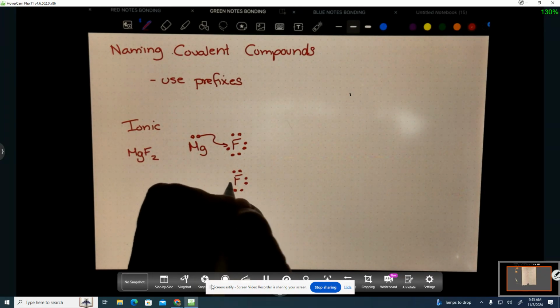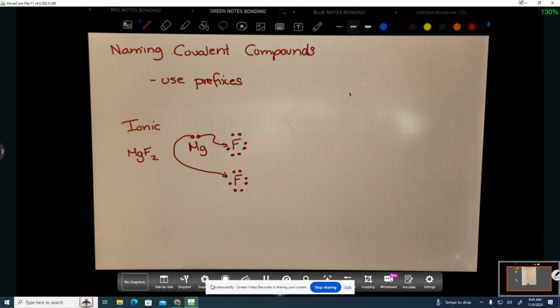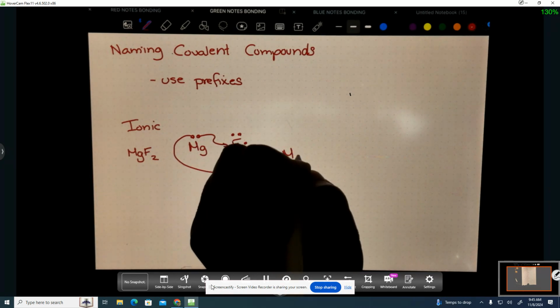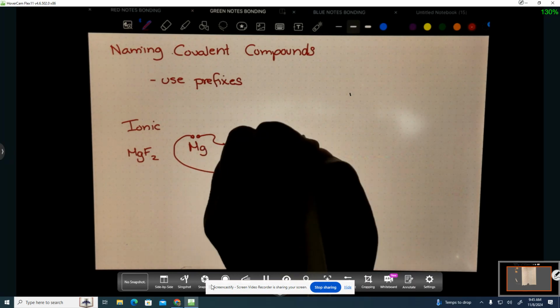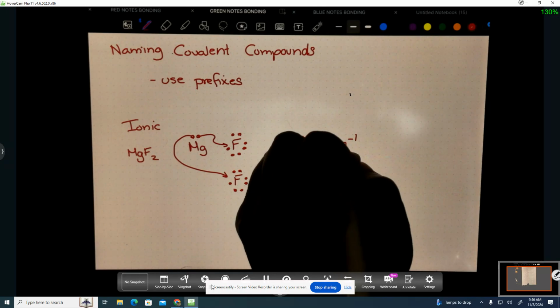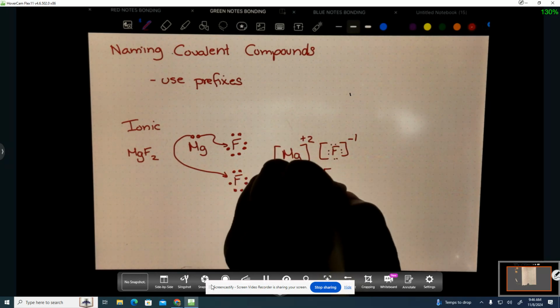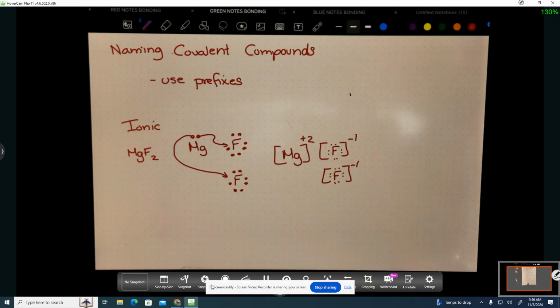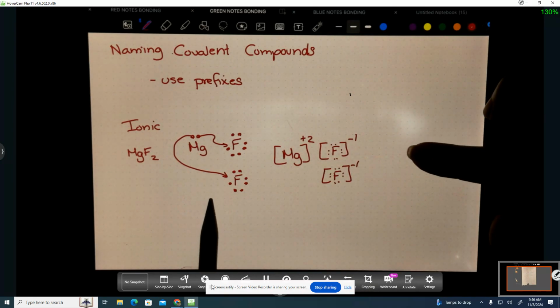This is what we did. This is where the wheels start falling off the bus, guys, because you forget what we did a week and a half ago. And then I say, all right, finish it up. Put it in brackets. Put the charges on just like we did last week. And I know that I had 2 fluorines, each with a -1 charge. That's what it will look like if I ask you to draw an ionic compound.